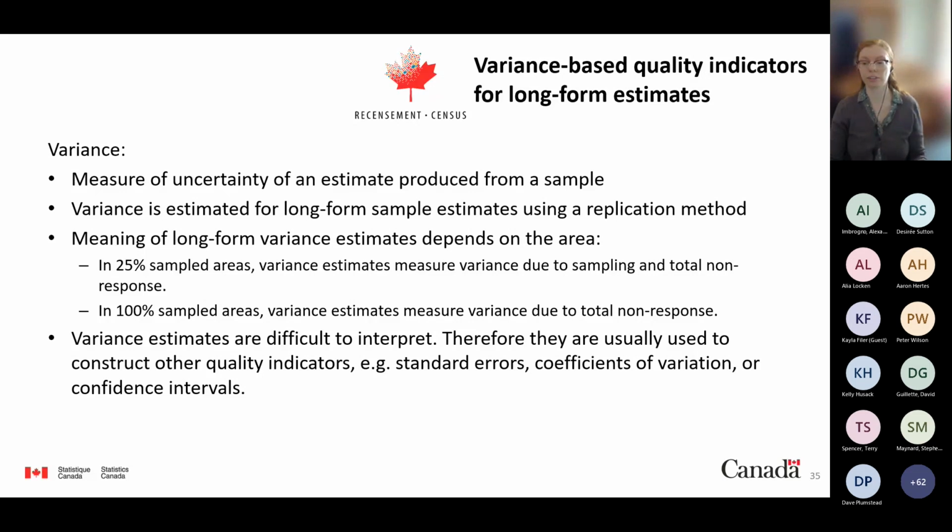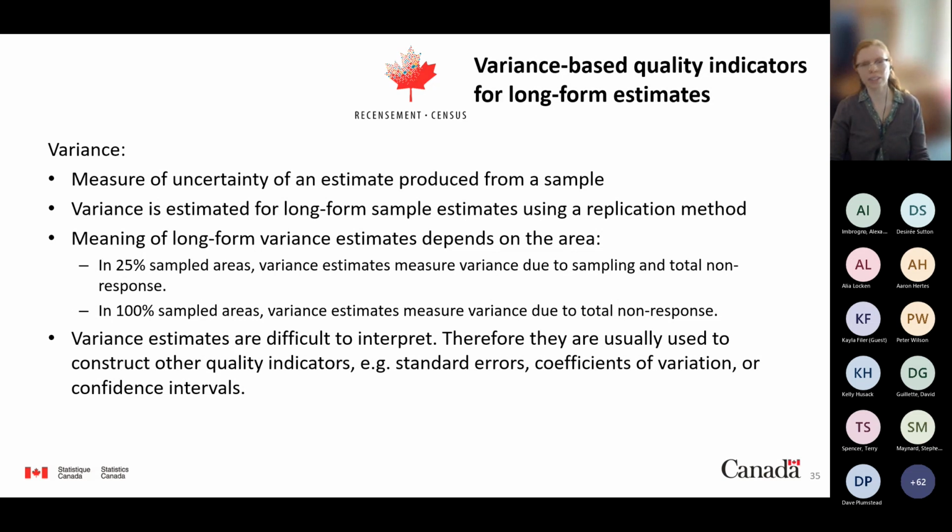So in most areas of the country, we sample 25% of households. And in these areas, the variance estimates measure the variance due to sampling and total non-response. In the other areas where we sample 100% of households, there is no variance due to sampling, and the variance estimates measure the variance due to total non-response.